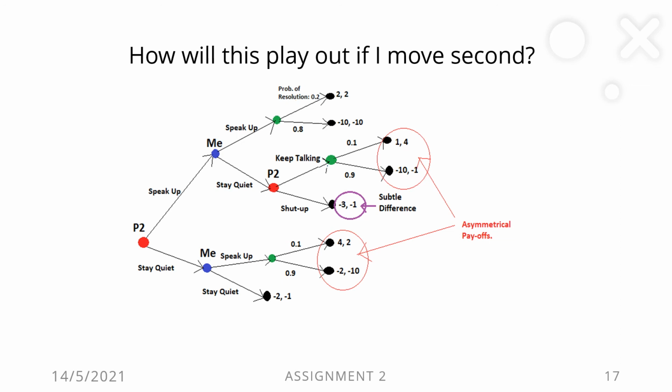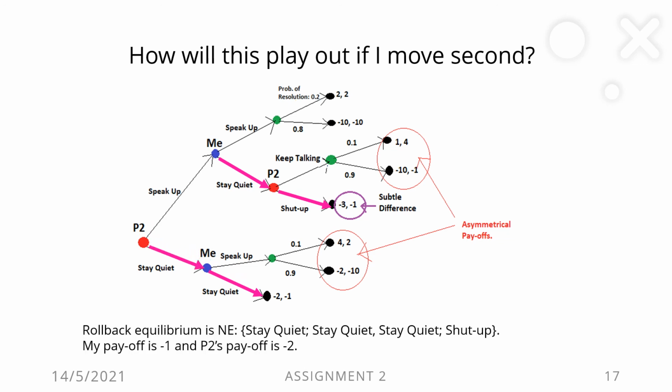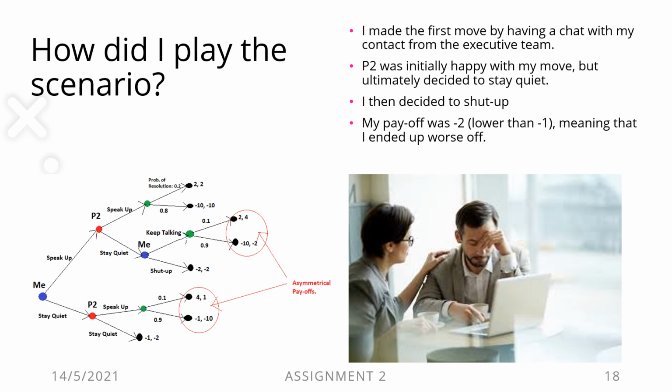If I move second, so player 2 goes first, the same rollback equilibrium is in fact achieved, and the same payoffs as well. So it's clear from this that there's no first or second mover advantage, because both payoffs are the same and the rollback equilibrium is the same.